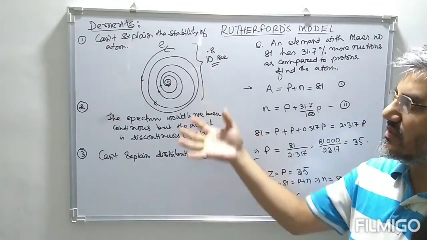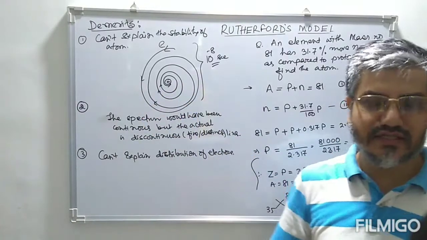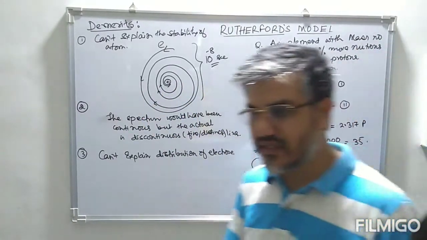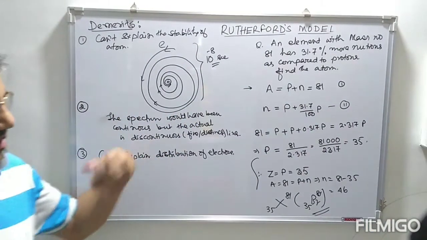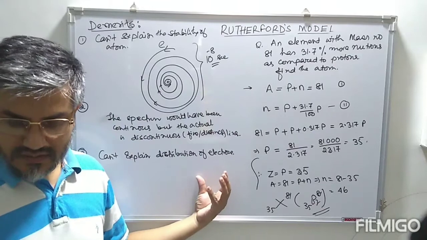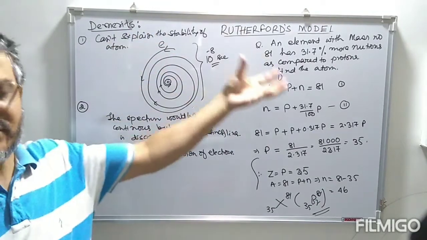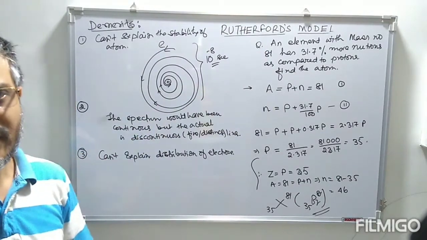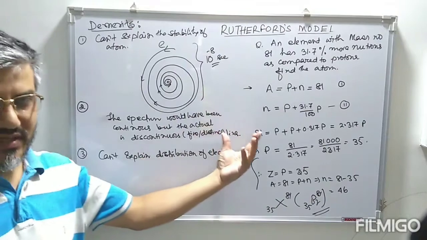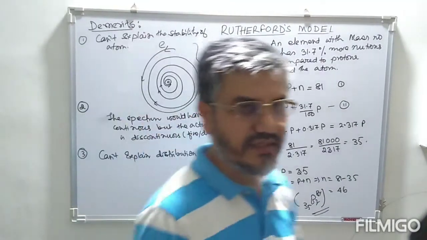So these are some of the merits and demerits of Rutherford's model. While discussing the demerits, we have come to a particular term, that is electromagnetism or electromagnetic waves. The classical theory of electromagnetism says a charged particle moving in an electric field has to emit energy continuously, whereas this model cannot explain that. So we have to know the concept of electromagnetic waves.